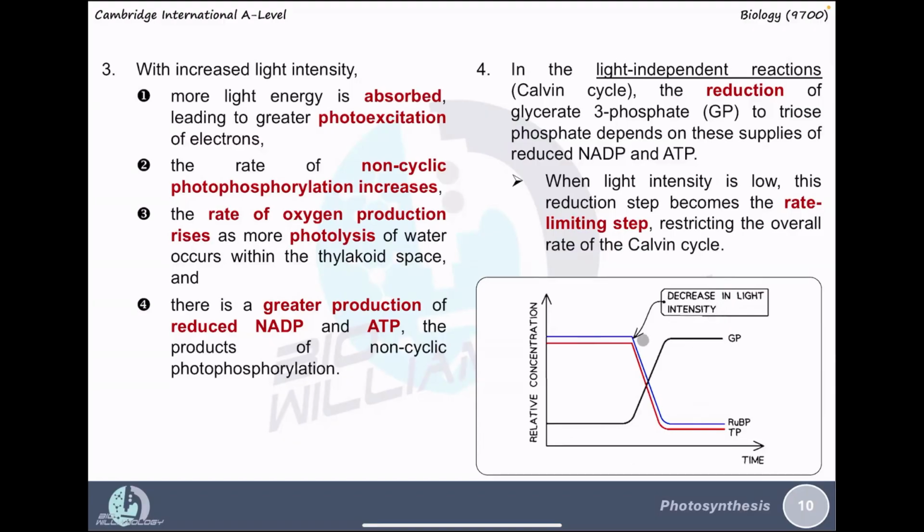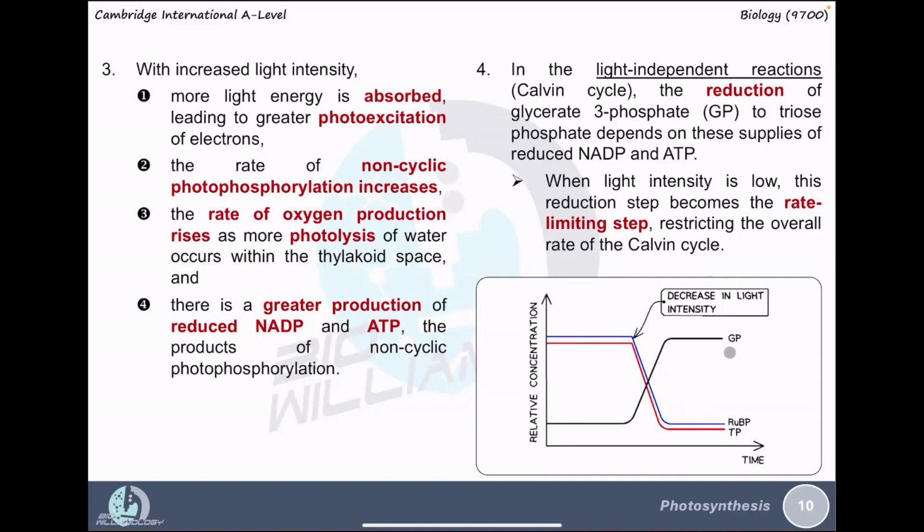So you can see that the TP concentration decreases. And why does TP concentration decrease but not stay constant? Because some of this TP can still be used to form products, and other TP will be used to regenerate RuBP. And because there is insufficient reduced NADP to reduce GP to TP, GP concentration increases.